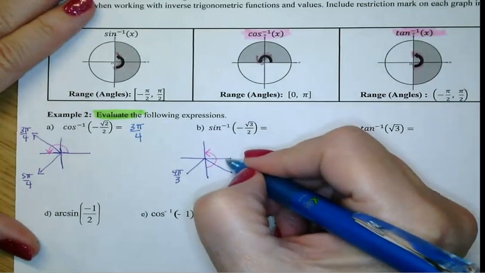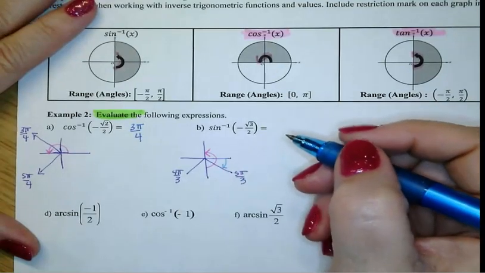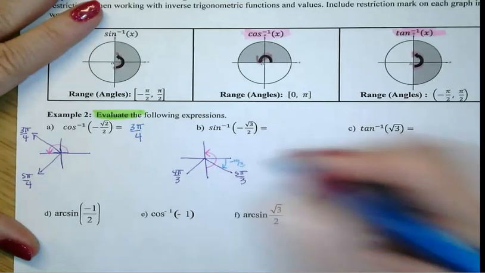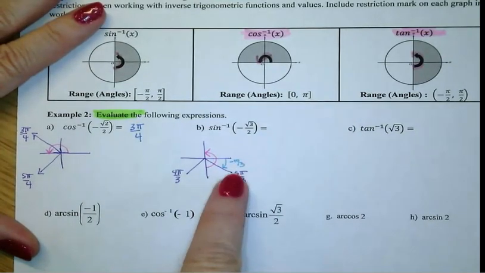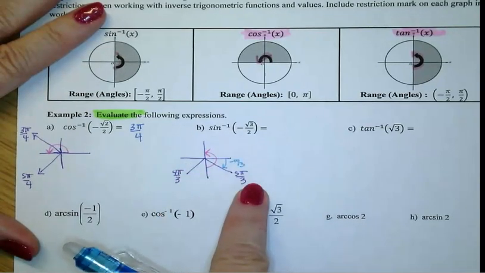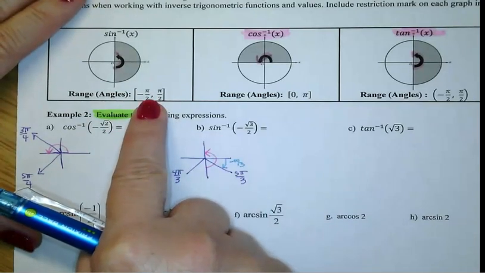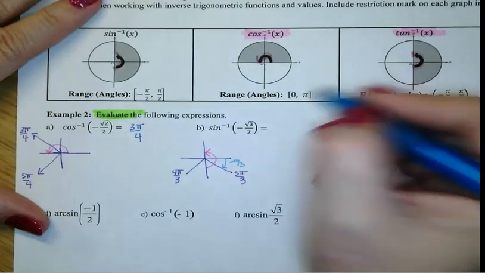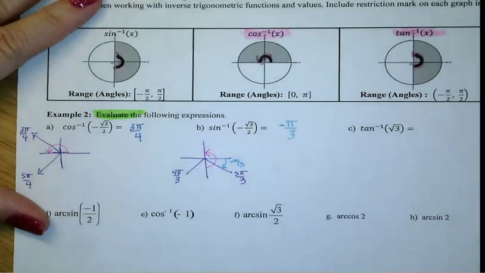But if we start here and we go in the negative direction to get to where that angle is, that's going to be negative pi over 3, which actually would fall within our restriction. So we have to be careful. Just because the line happens to fall within the restriction mark, we also have to look at the value of the angle and make sure that falls in the restriction mark as well. And in this case, it didn't. So our actual answer for this one is going to be negative pi over 3.